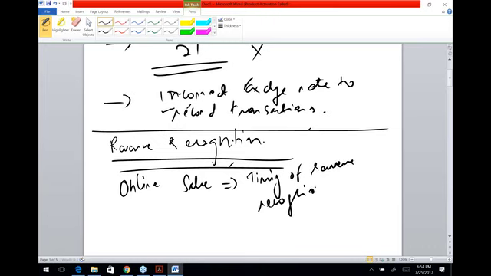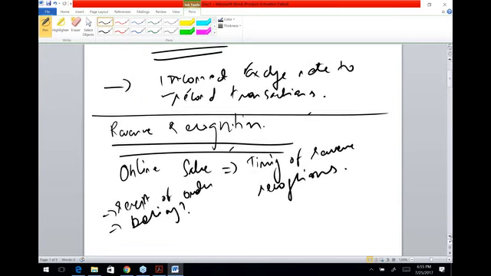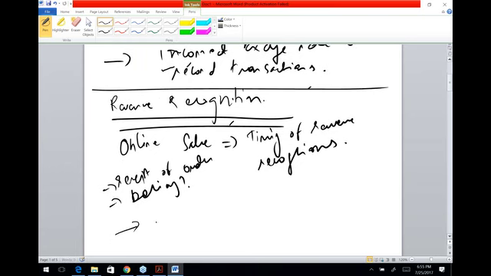Now, what do you mean by problems with the timing of revenue recognition? It is when should we recognize the revenue? Should we recognize upon receipt of order, or upon the delivery, or upon the receipt of money? So when should we actually recognize it?